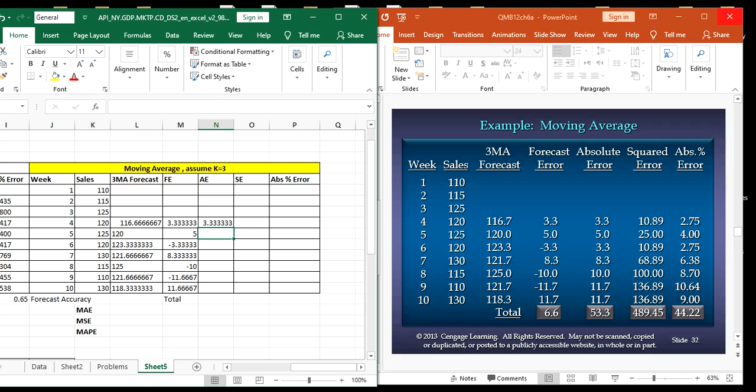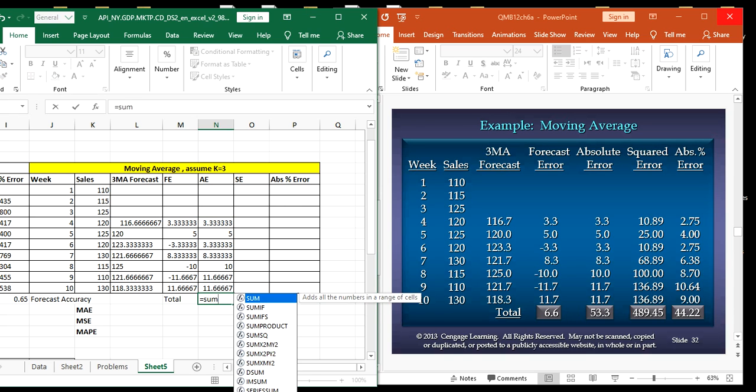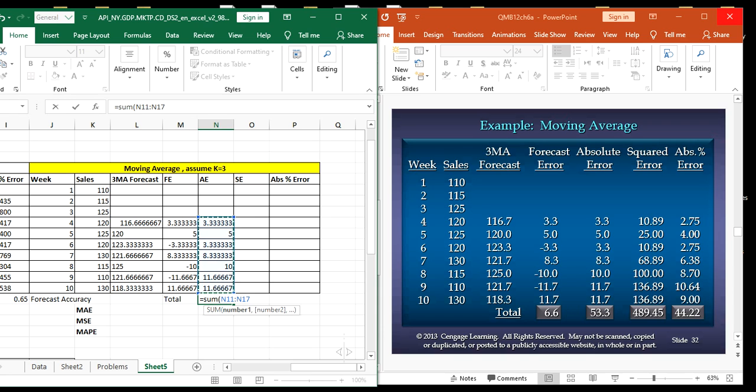Absolute of this is this, and we drag down to get the rest. And here we have the sum of the absolute values, which is 53.3. The same is obtained here.